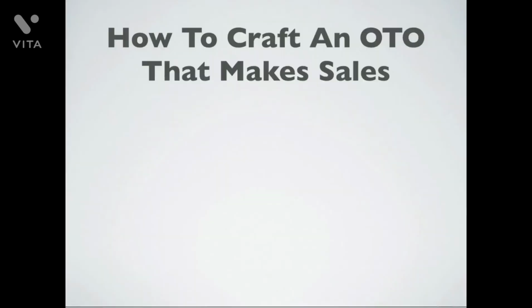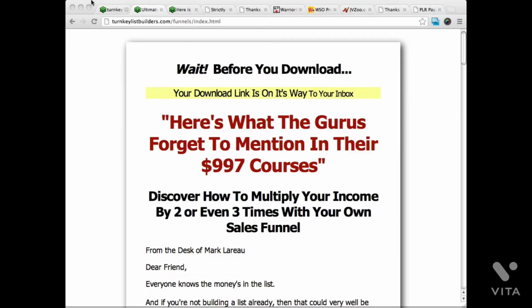Talk about how to craft an OTO, or a one-time offer, okay, that makes sales. Now, what an OTO is: right after someone opts in, they're presented with a one-time offer, or a special offer, okay? And how we do that to make sure that we make sales. This is what a one-time offer might look like.